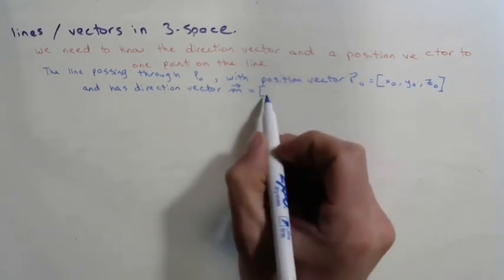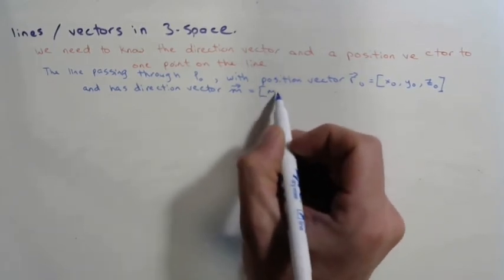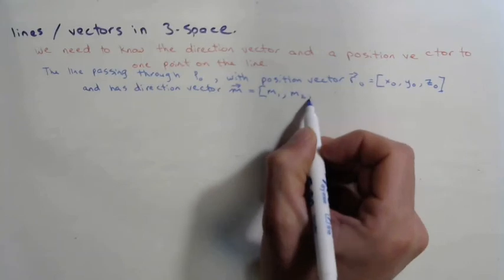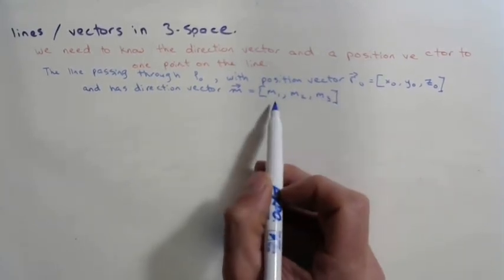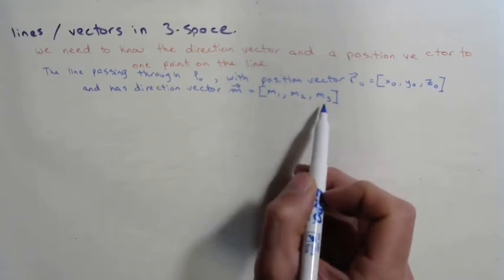I'm always tempted to call them x, y, and z, but our book calls them M1, M2, M3, which of course the M1 is in the x direction, M2 is in the y direction, M3 is in the z direction.